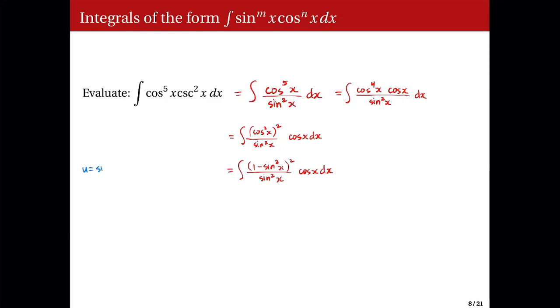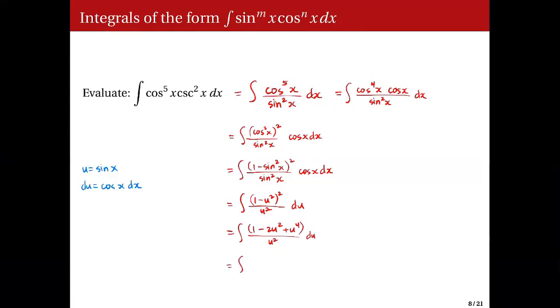So we let u be equal to sine x. du is equal to cosine x dx. Therefore, we will have here integral of 1 minus u squared squared over u squared du. We just expand 1 minus u squared squared. We'll have 1 minus 2u squared plus u to the 4 divided by u squared du.